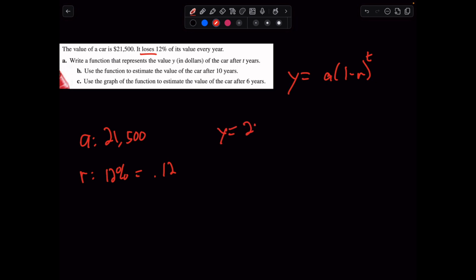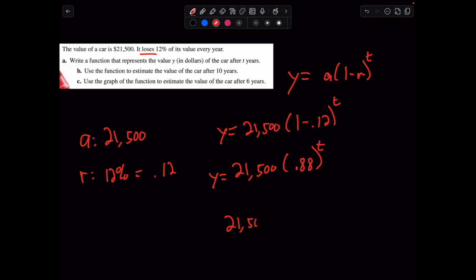Y equals 21,500 times 1 minus 0.12 to the T. So 21,500, parentheses, 0.88 to the T. And of course, equals Y. So there's your function.